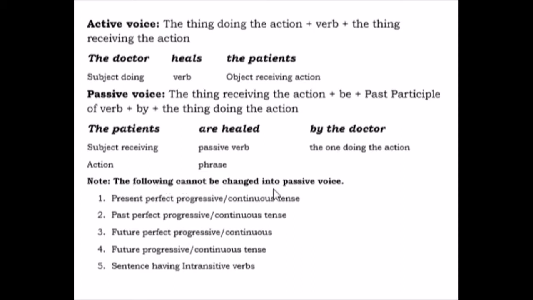Note, the following cannot be changed into passive voice: the present perfect progressive, also known as continuous tense, the past perfect progressive, the future perfect progressive, the future progressive continuous tense, and sentences having intransitive verbs.